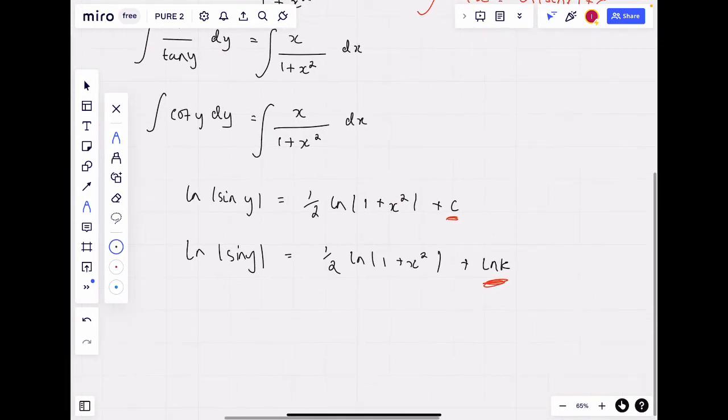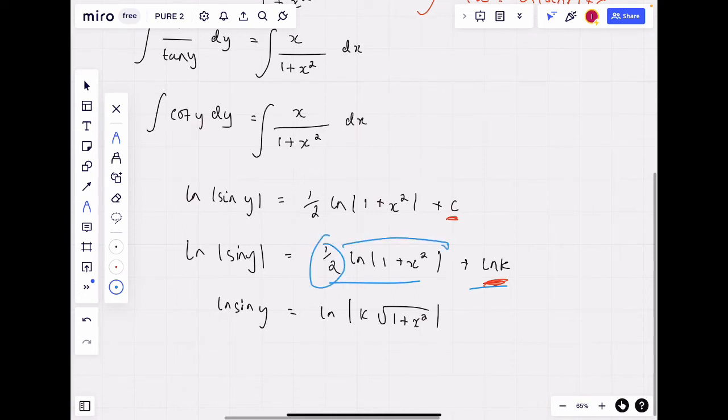Now, using the log rules, ln sin y is equal to ln of k root(1 + x²), because you're doing this ln plus that ln, which is the same as multiplying, and the half turns into a power, which is the same as a root.